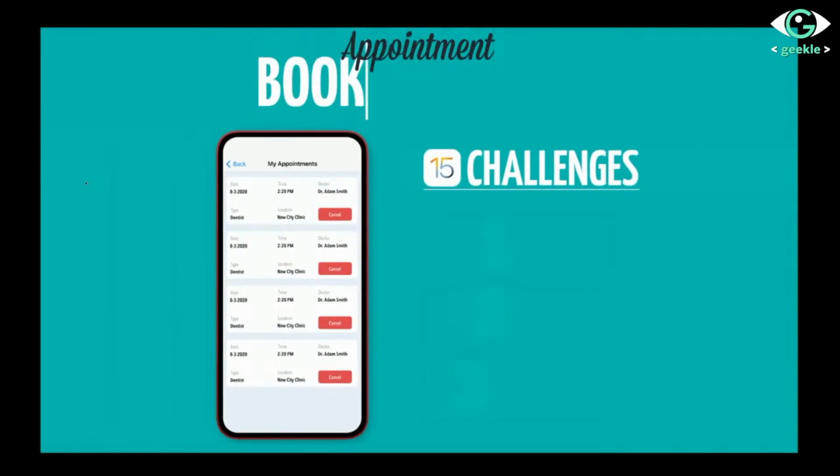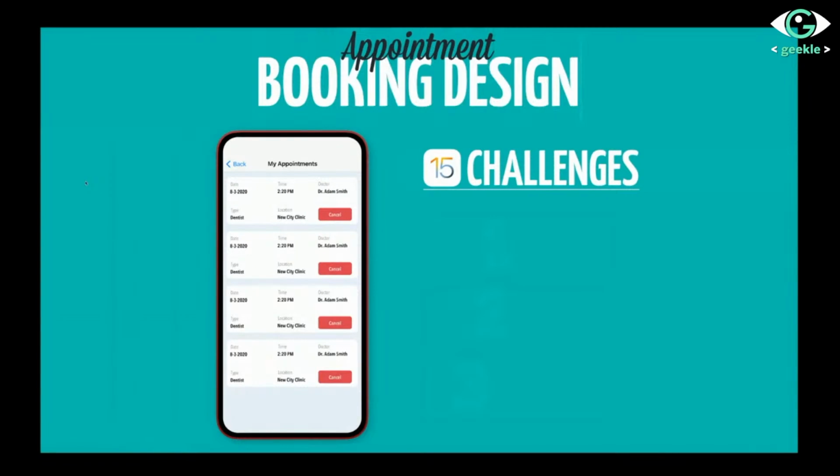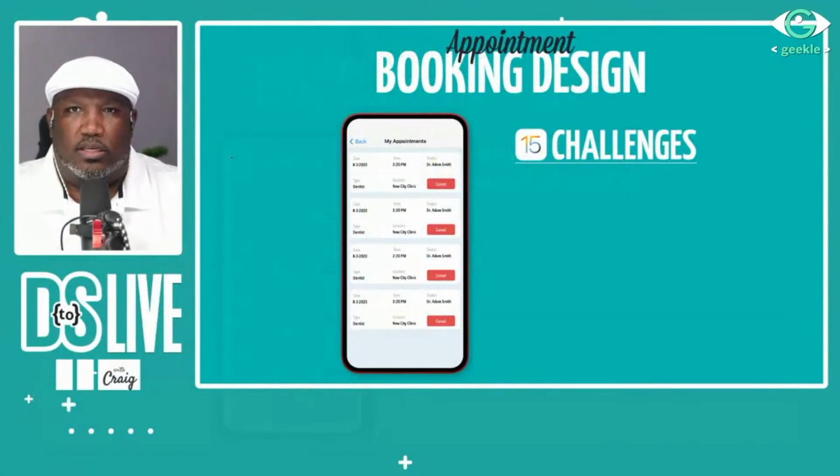And this one is an appointment booking design. What I found unique is it has two different sections going on right here. So what's different and unique about this one is that we have two different types of sections. So how would we make this work?